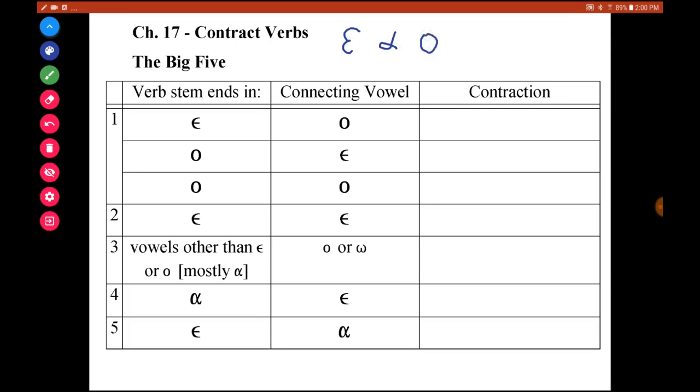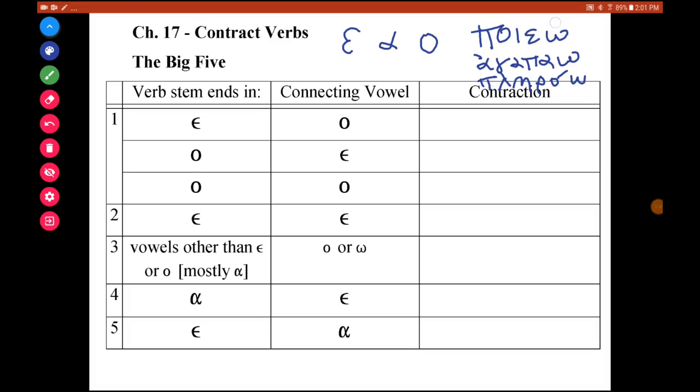The paradigmatic verbs that we were introduced to when we introduced the future forms of contract verbs was poieo for the epsilon contract verbs, agapao for the alpha contract verbs, and plerao for the omicron contract verbs.